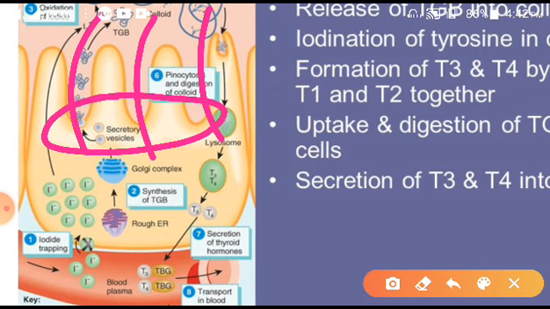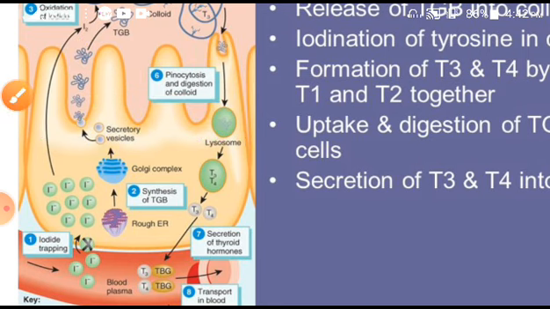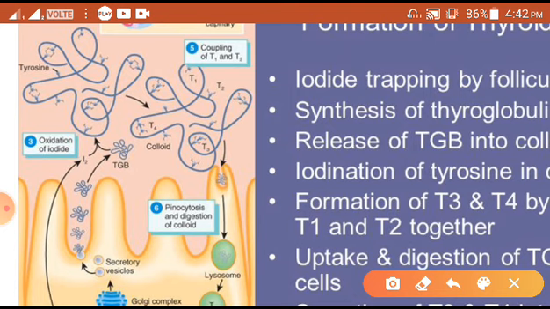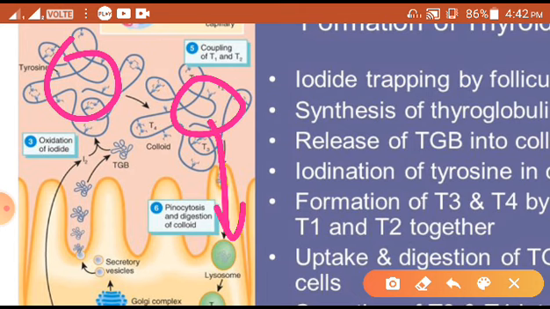And you see one more thing is happening here. When the iodination completes, for example, you see it came here and now here iodination happened. This is all iodinated, and now this iodinated one came back through the apical portion. This is the apical portion, this is the basal portion.